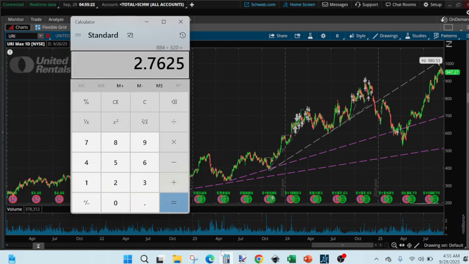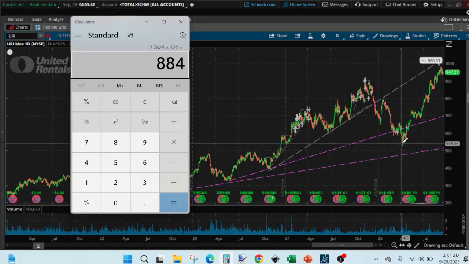So it's giving us 2.7 or 2.8. So we are going to be conservative and say 2.7. So 2.7 times 320 is that 884. So therefore we can say, okay, when it touches base, we can use either one of those prices.